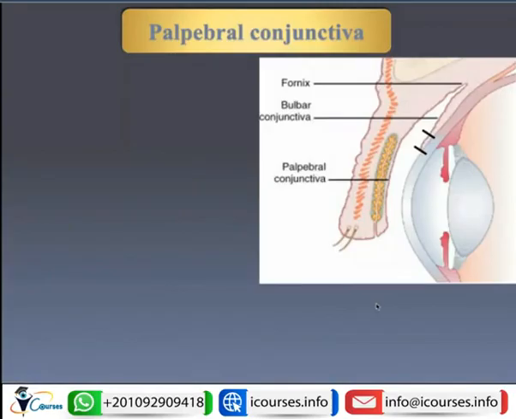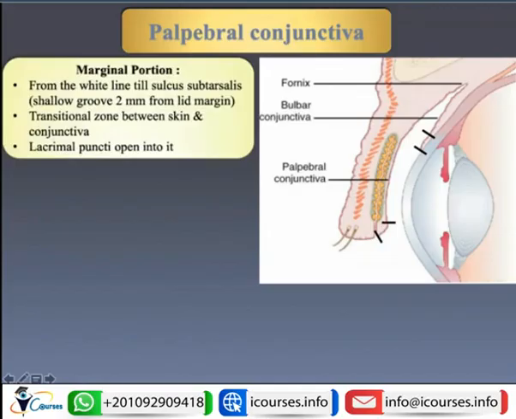Okay, so let's now discuss the different parts of the conjunctiva in more detail. We have the palpebral conjunctiva. The first part of the palpebral conjunctiva is called the marginal portion, meaning that it is the mucocutaneous junction between the eyelid and the conjunctiva.